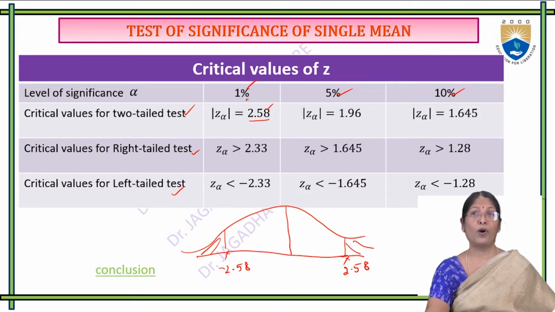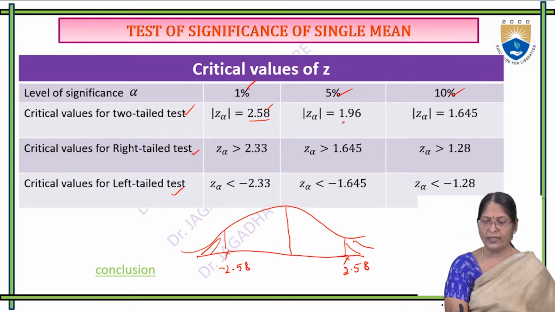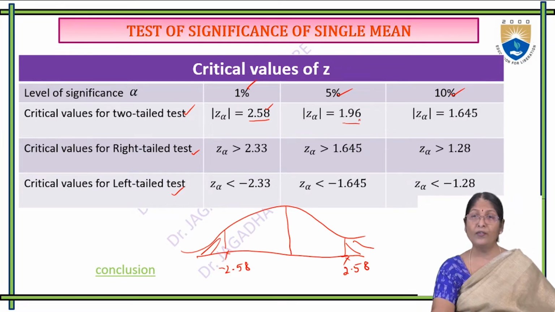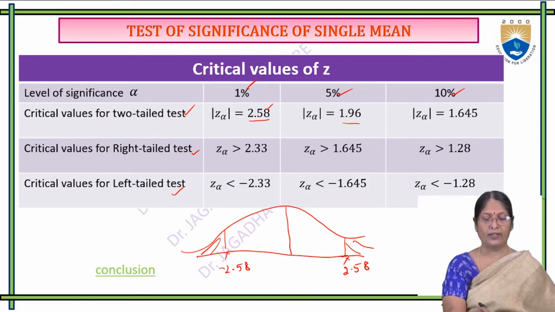Then if it is 0.05, that is 1.96. In the question itself, it is given what the level of significance is. If it is 0.05 and we have taken a two-tailed test, this data is to be selected. If it is a one-tailed test, and if it is right-tailed, then we have to see 1.645.